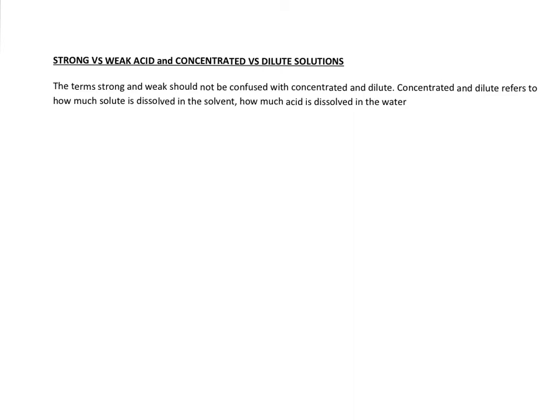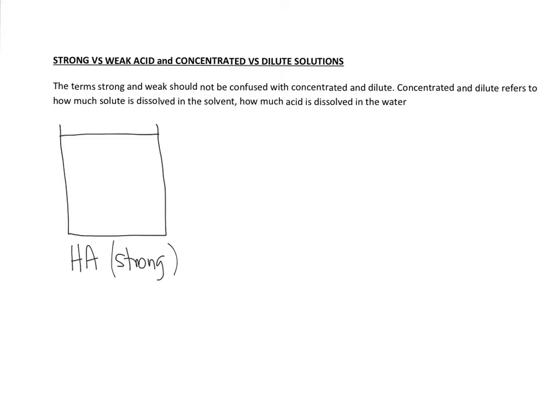So if I draw a beaker representing a strong acid, perhaps our acid is HA. So this is going to be our strong. If it's strong in solution, all we have is H pluses and A minuses.